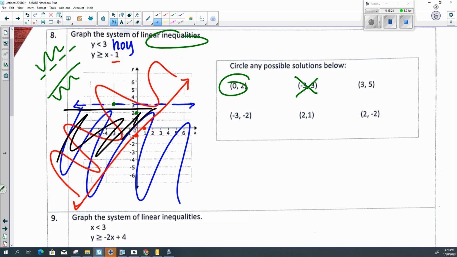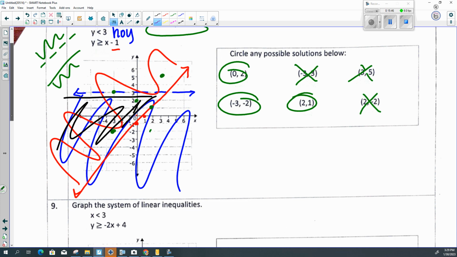Yes, that is correct. These are hard to look at. Okay, 3, 5 is going to be up above. -3, -2, oh, that's definitely in the good area. 2, 1, looks like it's right on the line, but this line is solid, so it's a good one. And 2, -2, definitely not. That is hard to look at, just saying.